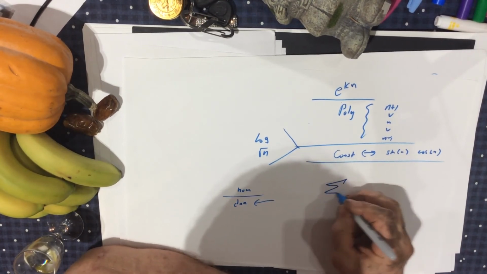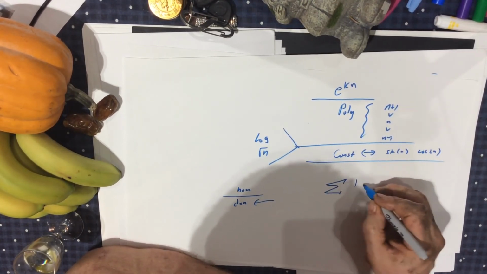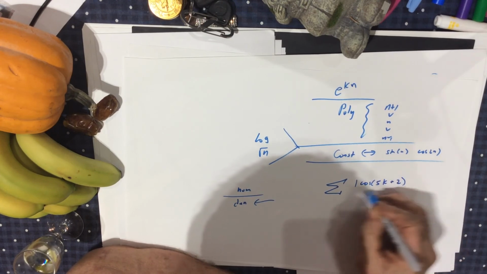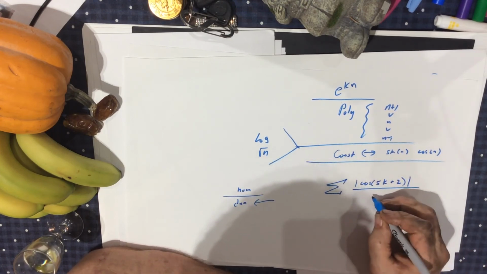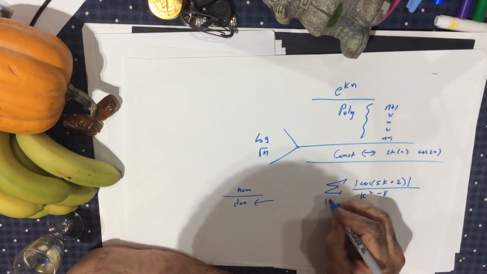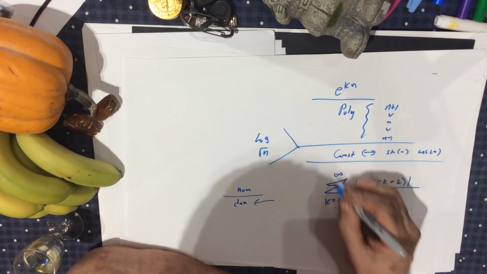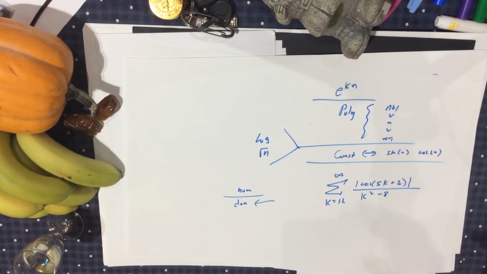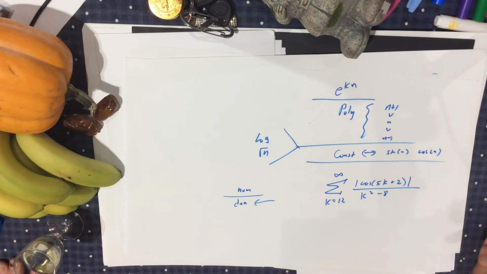So ready? Let's suppose we do this. The sum from k equals 12 to infinity of the absolute value of cosine of 5k plus 2, over k squared minus 8k. What would I do with that? Well, first off, the top is a cosine function. Even if it oscillates, it doesn't go bigger than 1 or less than minus 1.